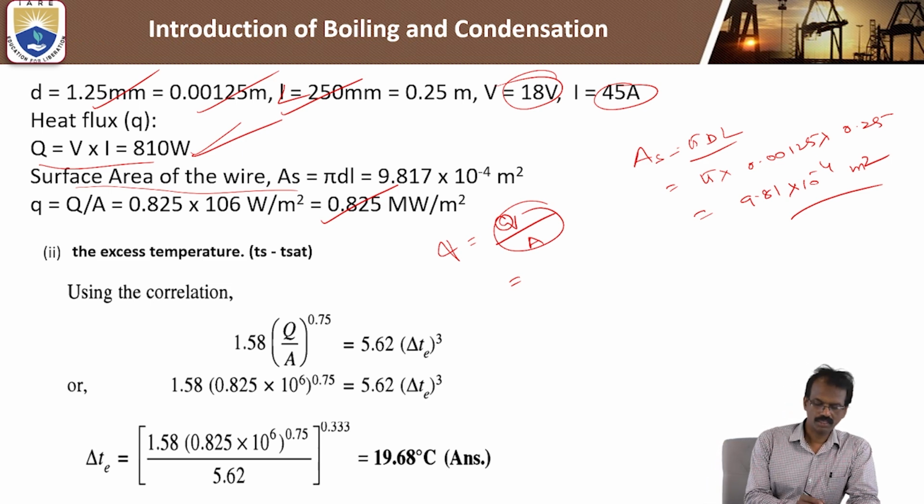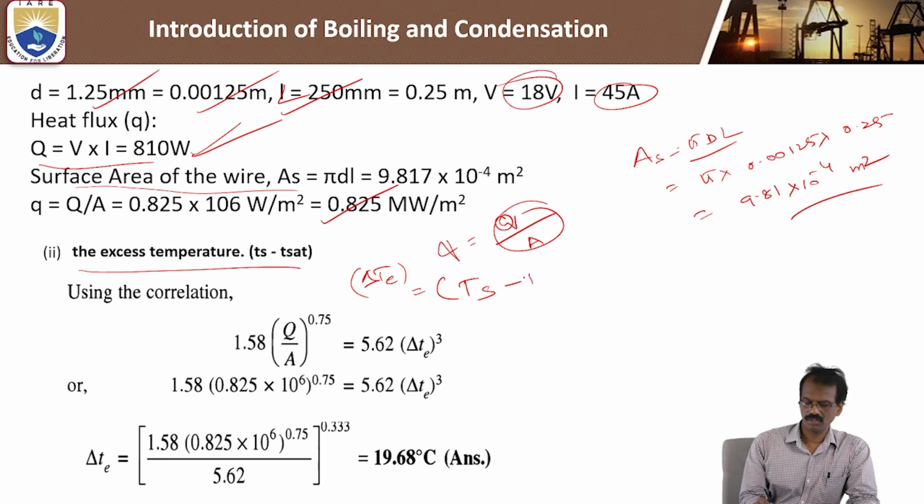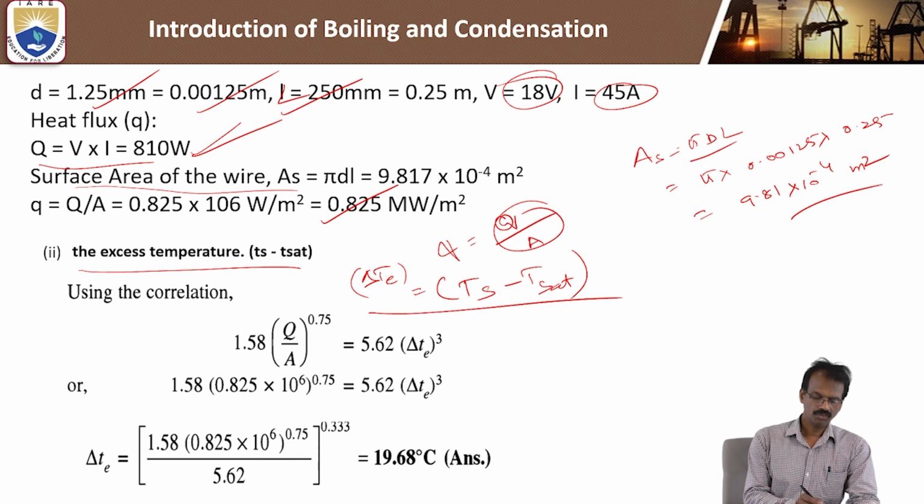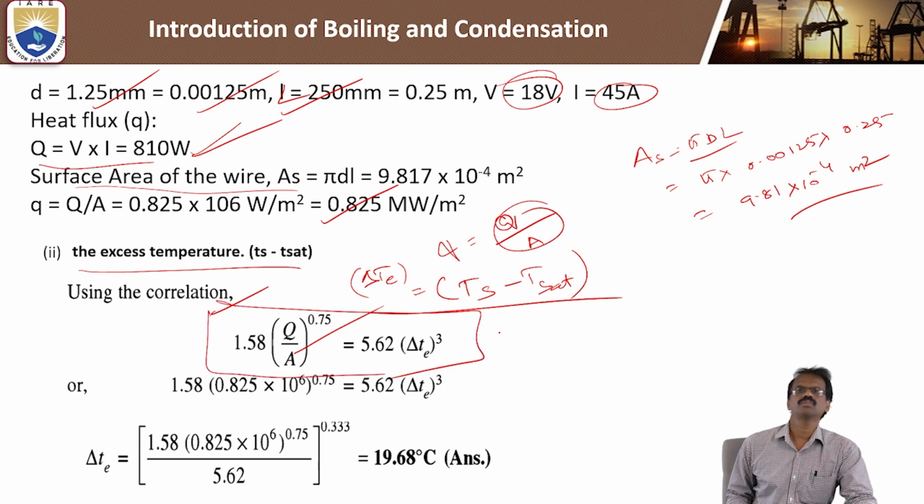So next, the excess temperature. Delta T is nothing but surface temperature minus saturation temperature. So we have to find this value. Using this correlation, from the data book also, you can find the value.